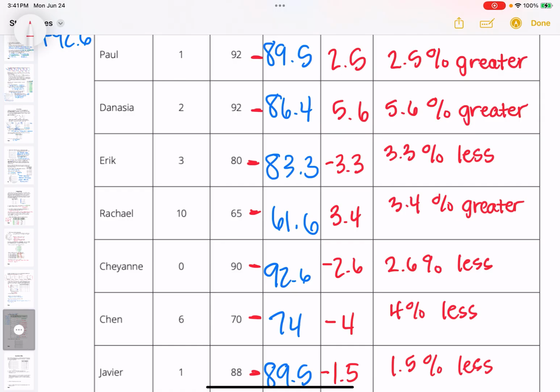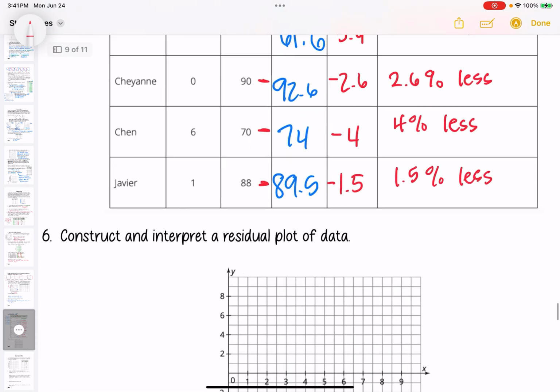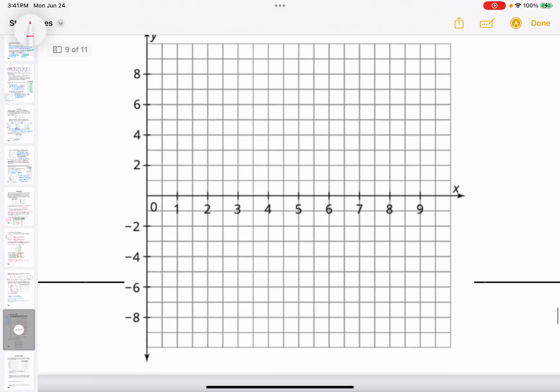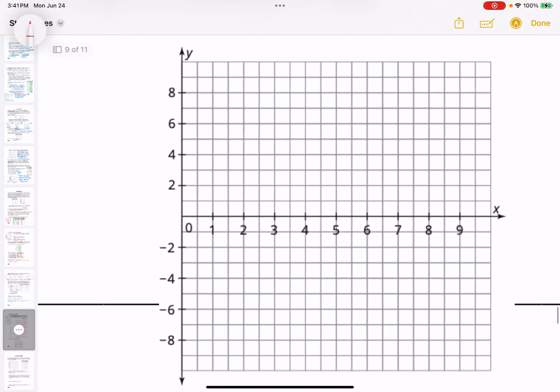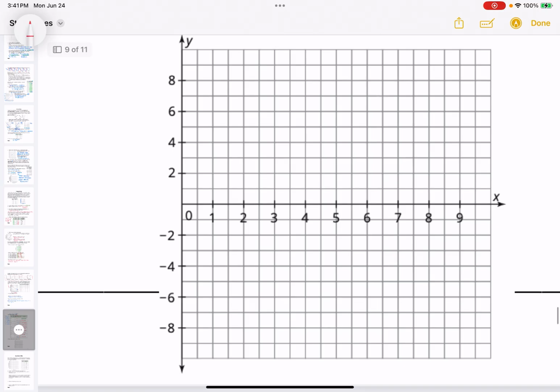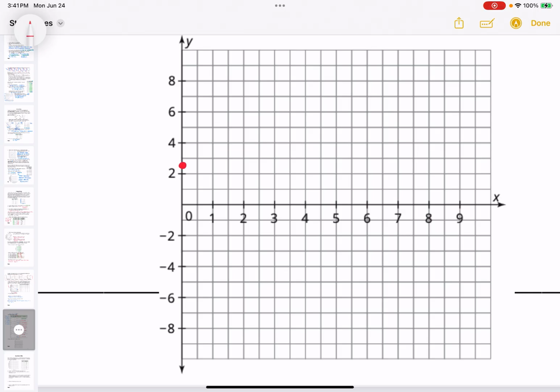And then the last thing we're going to do is construct the residual plot. For 0 absences, we had a positive 2.4. And we had a negative 2.6.